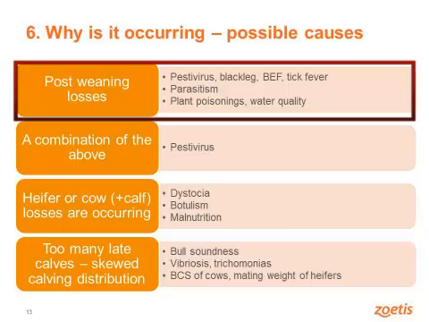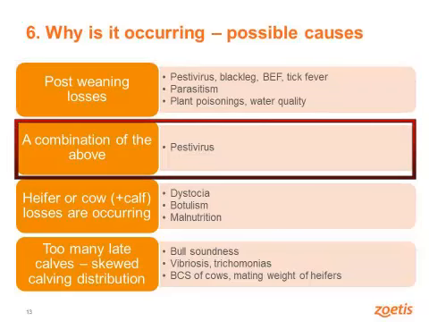Can be due to plant poisonings or problems with poor water quality, such as saline water, water which is heavily contaminated with algal blooms, like blue-green algae and other similar waterborne algae that can result in stock death.